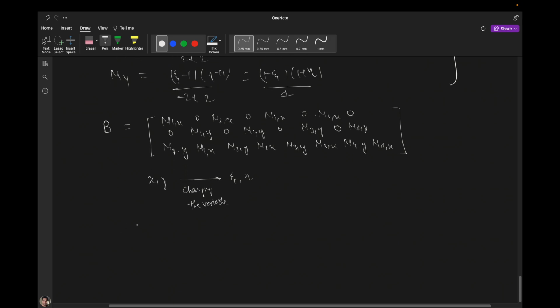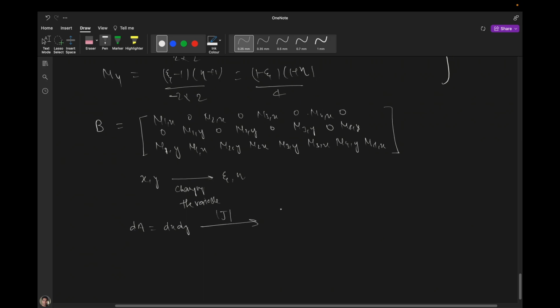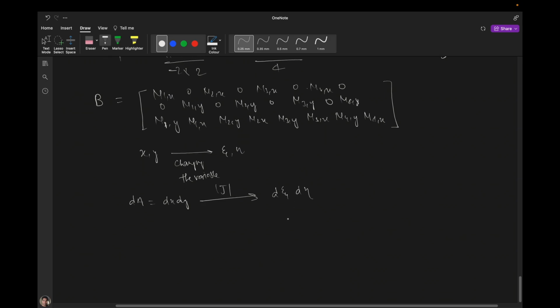Okay, while changing the variable we already saw that dA equal to dx dy will be changed by using the Jacobian, that will change to d xi into d eta.